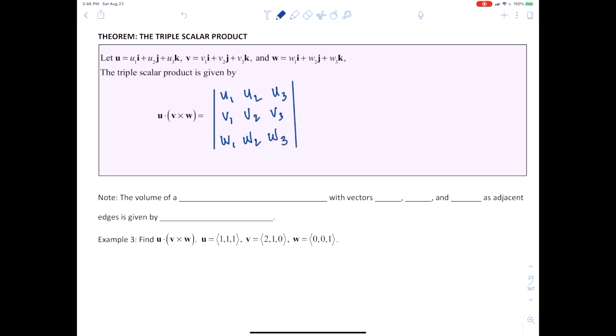So the volume of a parallelepiped with vectors U, V, and W as adjacent edges is given by the magnitude of U dot V cross W. Cool, cool?